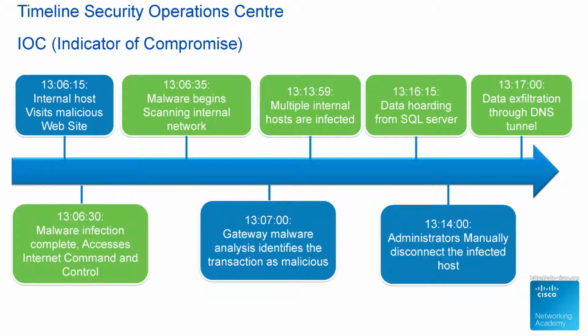But let's go back and look at the timeline again. All the green stuff is additional information we get when we use the network as a sensor. We see the scanning of the network internally, just using switches. It never touched the perimeter. We see the successful connection and the lateral spreading of malware in the organization. We see the data hoarding from the SQL servers. We see the data exfiltration.